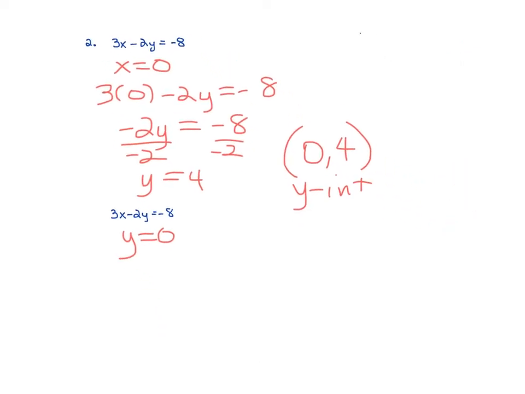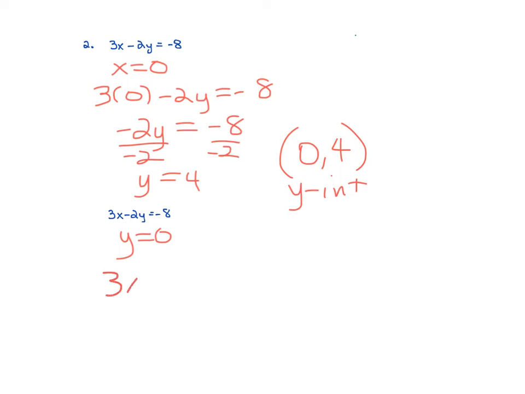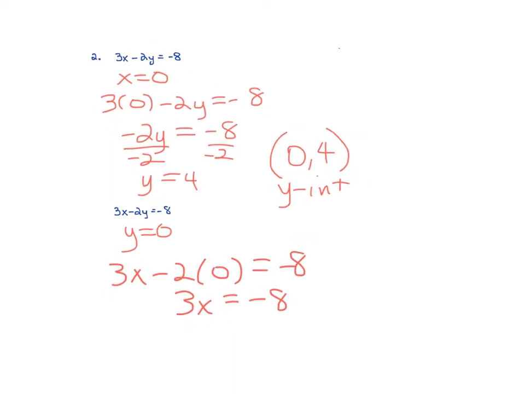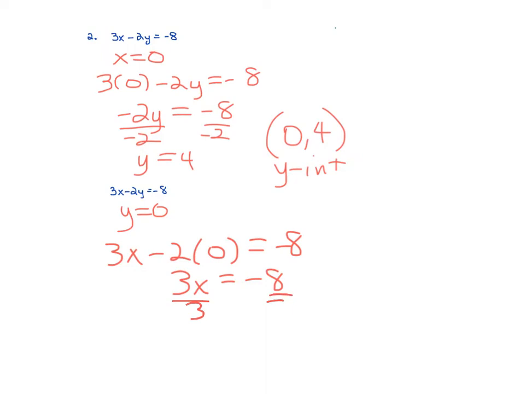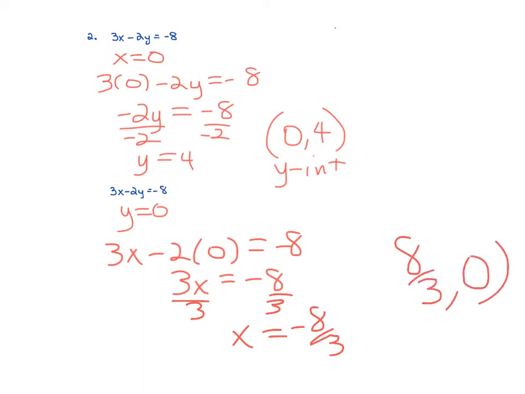Then for the second part, 3x minus 2 times 0 equals negative 8. 3x equals negative 8. Divide by 3. X equals negative 8/3. So again, we're writing it as an ordered pair, and that's our x-intercept.